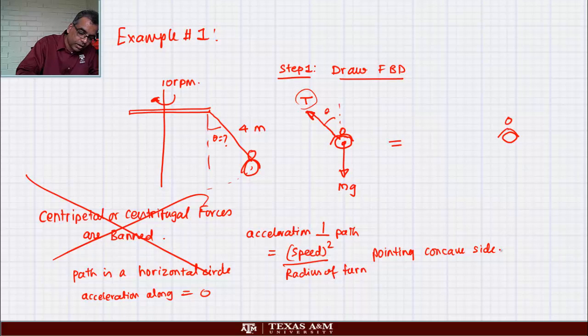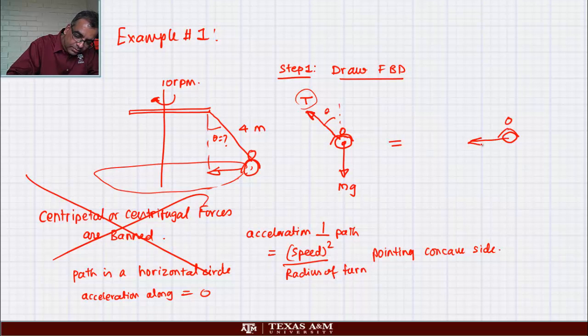So let's see which way is the concave side. The path is like that, so the concave side is like that. Can you see that? So that's the direction, and this will be mass times speed squared divided by radius of turn.